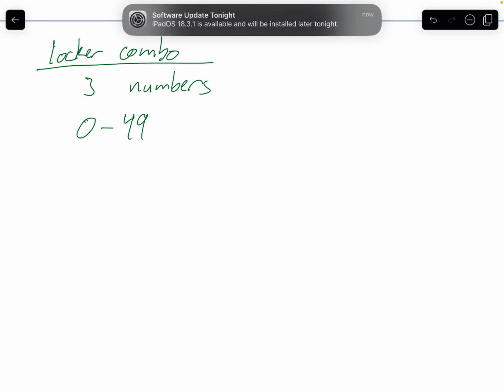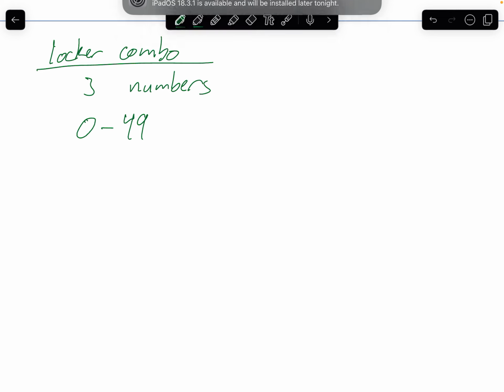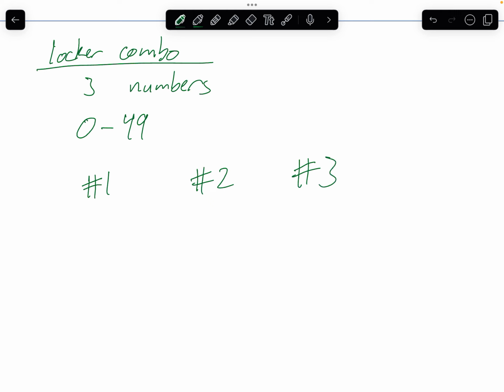Okay. We have 3 events here. We have our first number, our second number, and our third number. Okay. With our first number, we have 50 options. From 0 to 49, that's 50. Okay, 1 through 49 and 0. With our second number, we could still have any of those same 50 numbers.